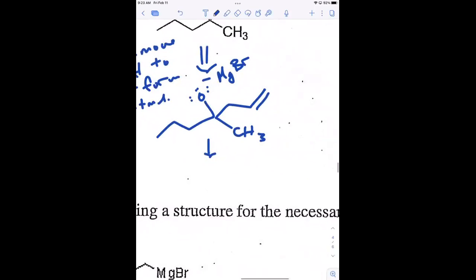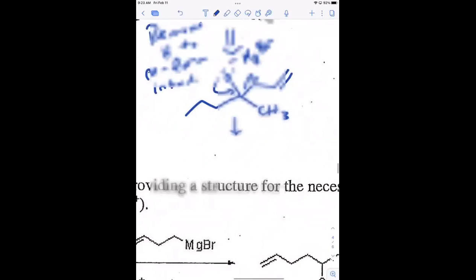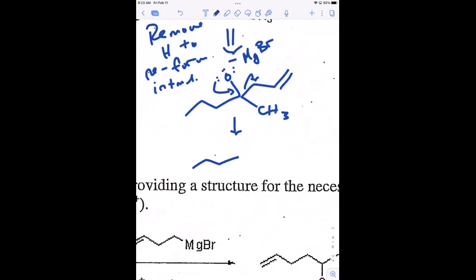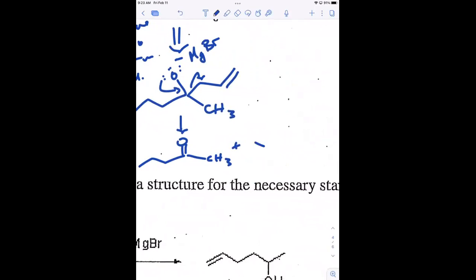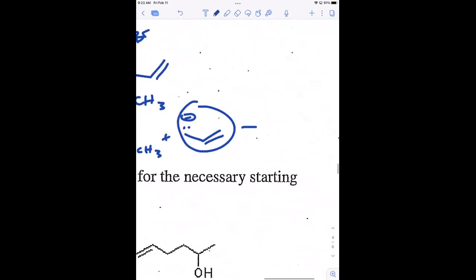So we're going to do this and then this, right? That's going to leave us with this ketone plus this allylic anion. And this is obviously, when I have that, I can make that into my Grignard.